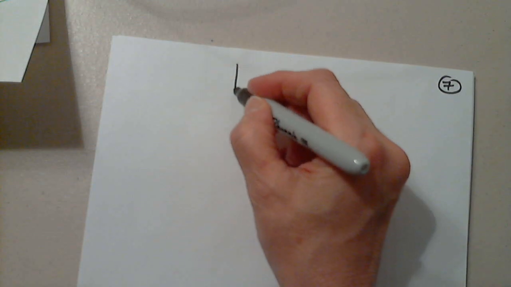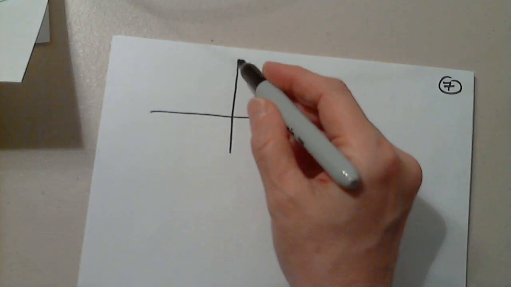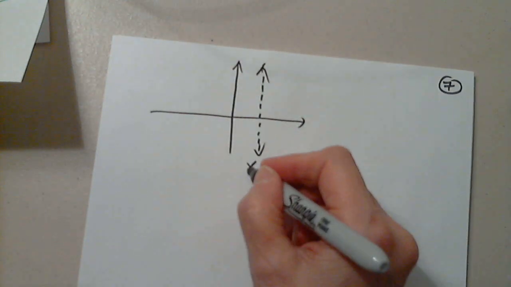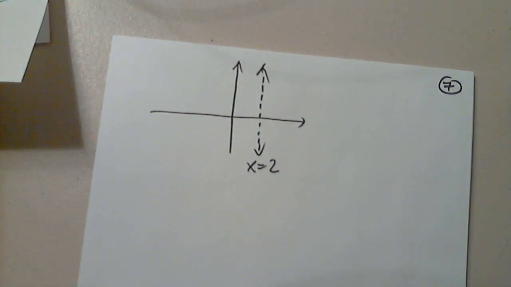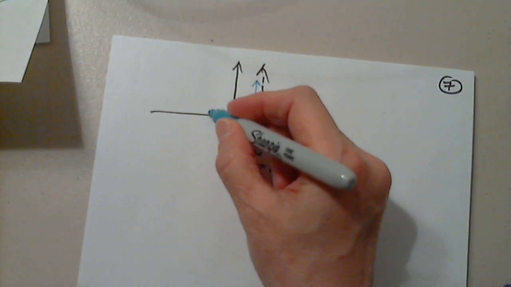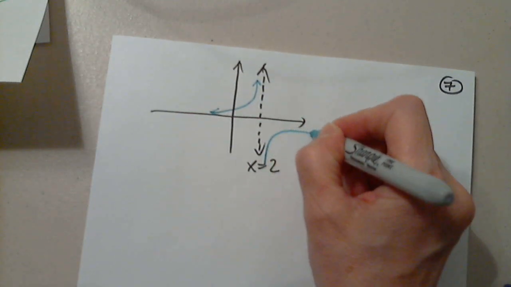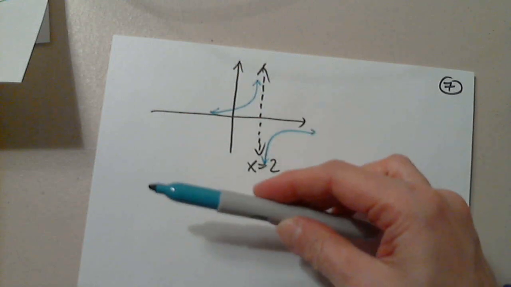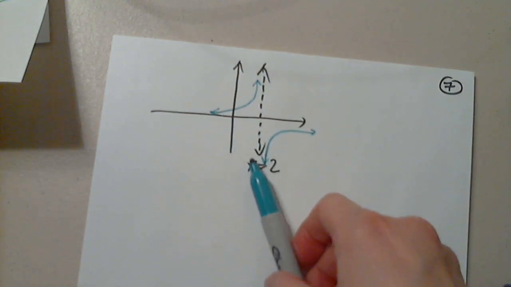So page 7. Here is a vertical asymptote. We've seen them before many times. Let's say x equals 2. The function left and right can do this, or can do this, but not both.